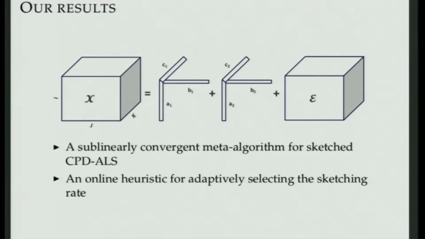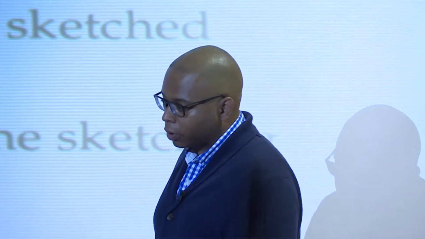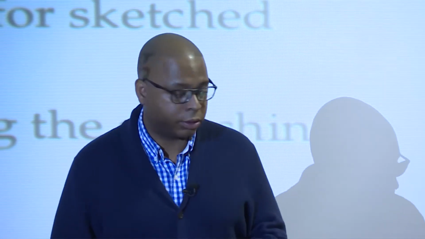So basically the thing that I would like to point out about this problem is that it's hard compared to sketching, say, matrix problems, but there's also room for results that you can't get in the matrix case. So in the matrix case, you have to trade off runtime for decreased accuracy. In the tensor case, it turns out that you can decrease the runtime and also increase the accuracy.